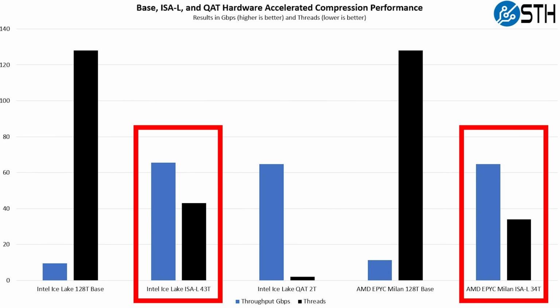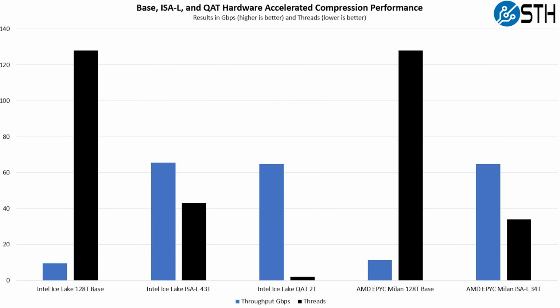What that practically means is that we're reducing our core count by about 2/3, but we're also going from that 9 to 11 gigabits per second up to 65 gigabits per second. So we're getting about 6.5 times as much performance while reducing our use of cores by about 2/3, and that is just in software.